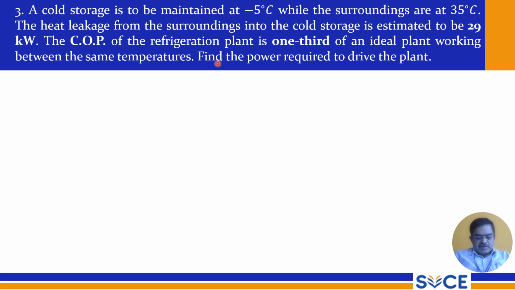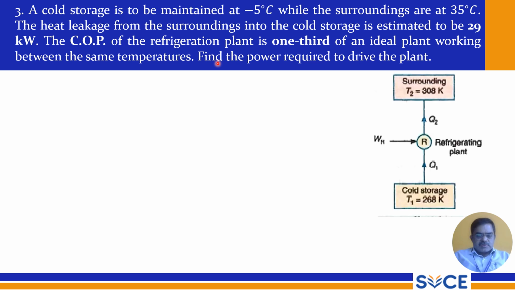It is a very simple problem. You can see here this is the refrigerating plant, and T1 equal to 273 minus 5, that is 268, and T2 equal to 35 plus 273, it is 308 Kelvin. Q1 is to the refrigerator, Q2 is from the refrigerator to the surroundings.